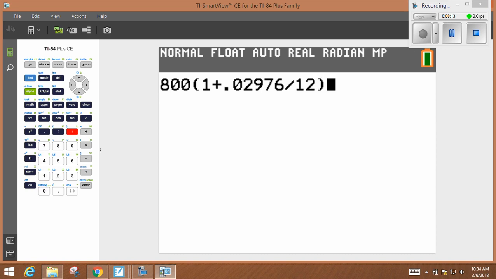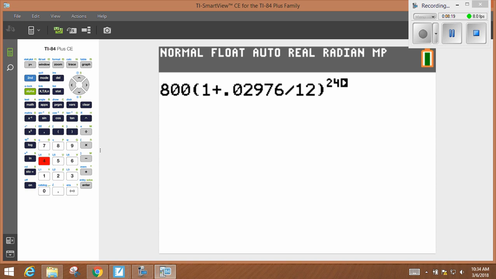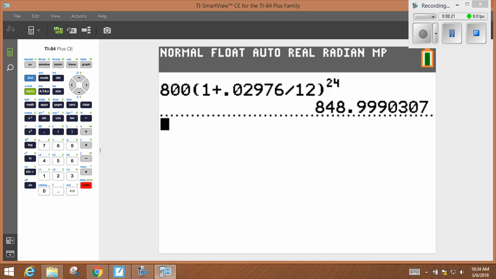And I'm going to close the parentheses and I'm going to raise that to the 12 times 2 or 24 power. And I get, if I'm going to round that to the hundredths place, because it's money, right? Yeah. Let's round it to the hundredths place.